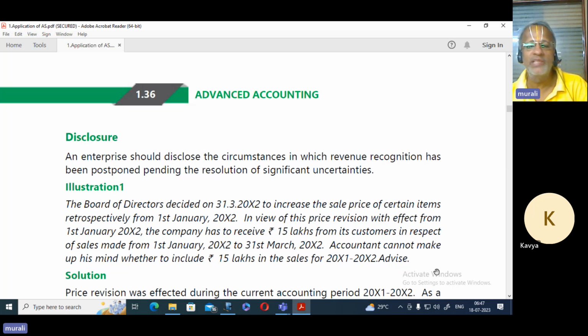In this particular case, they would have raised a 15 lakhs debit note. Now the question is whether the customer would be interested to pay for this. Say, for example, I am going on a two-wheeler. So, Kavya, are you using a two-wheeler? No, sir. How about mom?